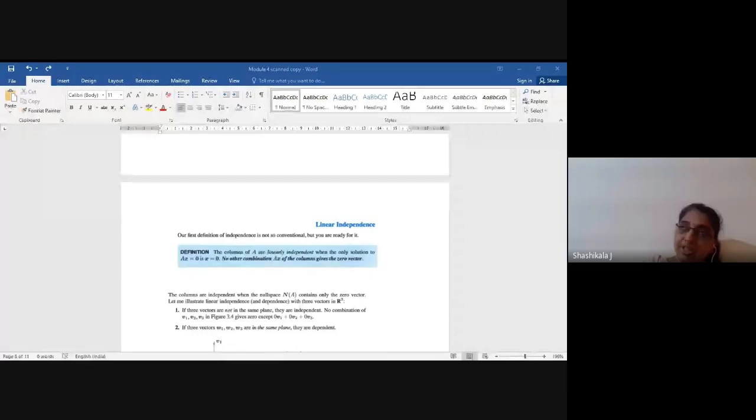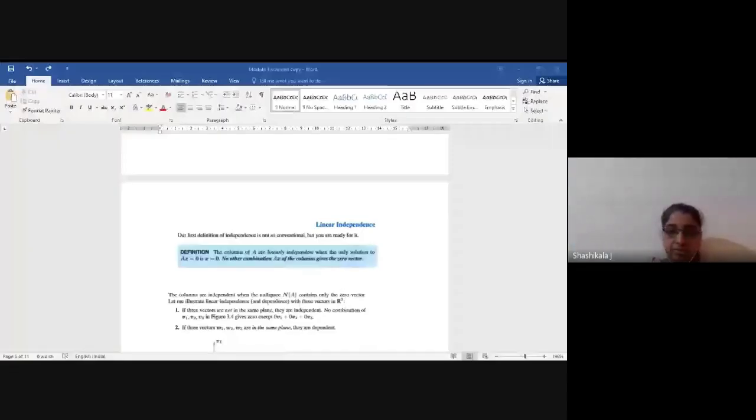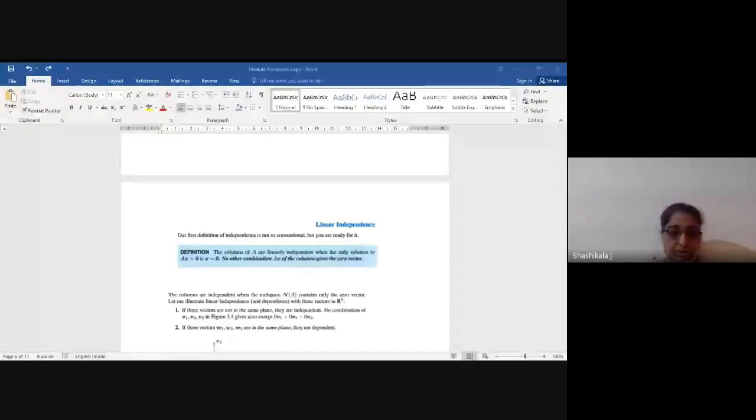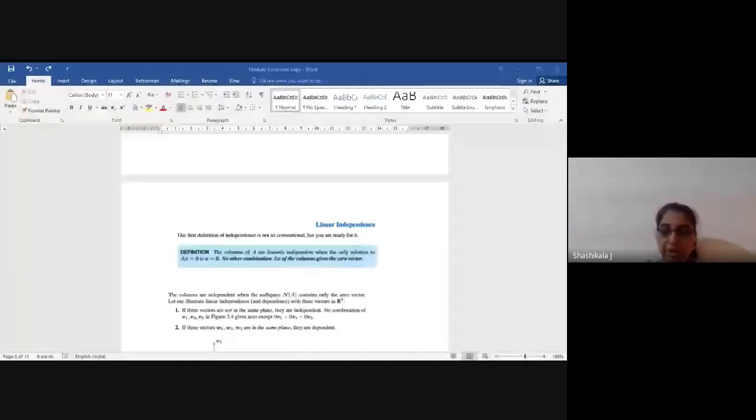Your first column plus 2 times your second column equals 0. So that should not happen. That is what linear independence means.